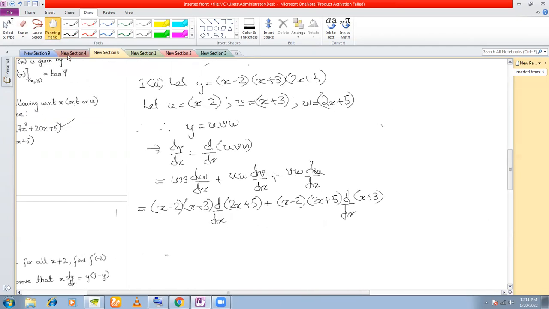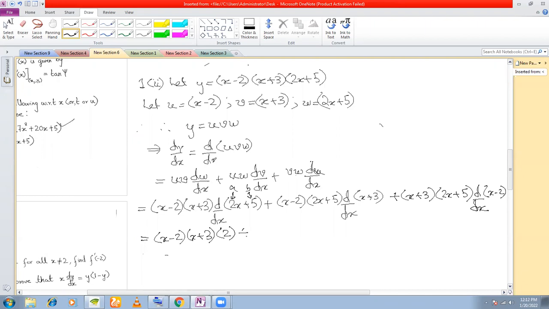And finally take the second and the third, and differentiate the first one, x minus 2. So here what do you get? x minus 2 into x plus 3, and d/dx of ax plus b, as I told you, this is your a and this is your b, right? d/dx of ax plus b, as I told you above, was simply a.